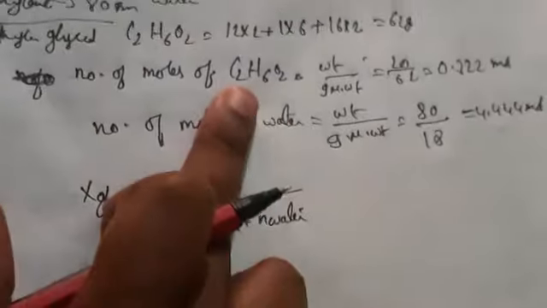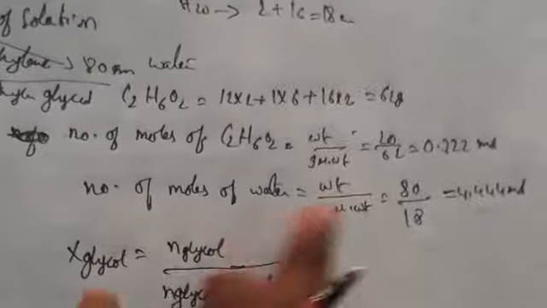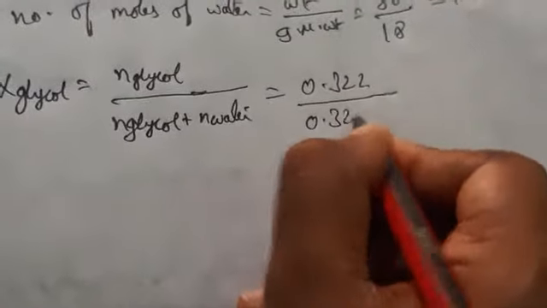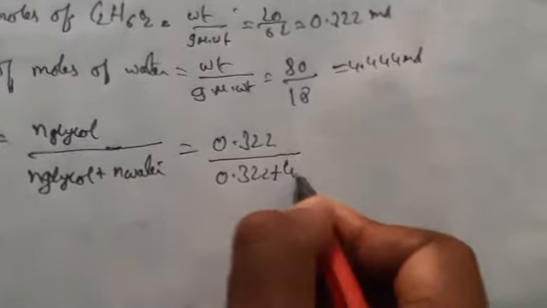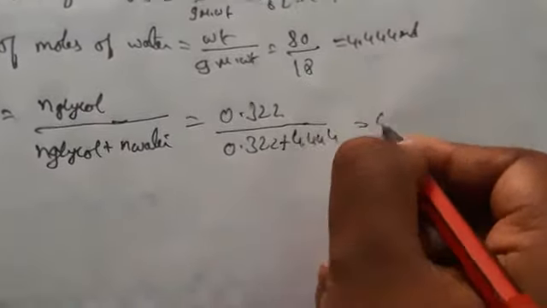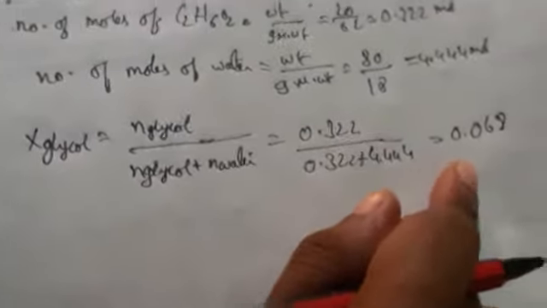Number of moles of glycol, divided by number of moles of glycol plus number of moles of water. So what is the number of moles of glycol? We got 0.322 by 0.322 plus the number of moles of water, 4.444. So how much are we getting? 0.068. These do not have any units.